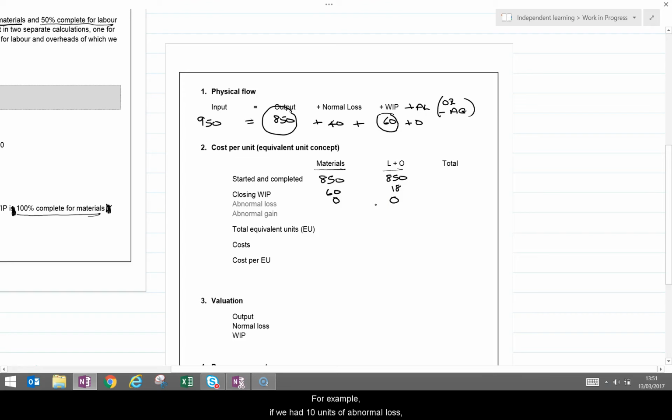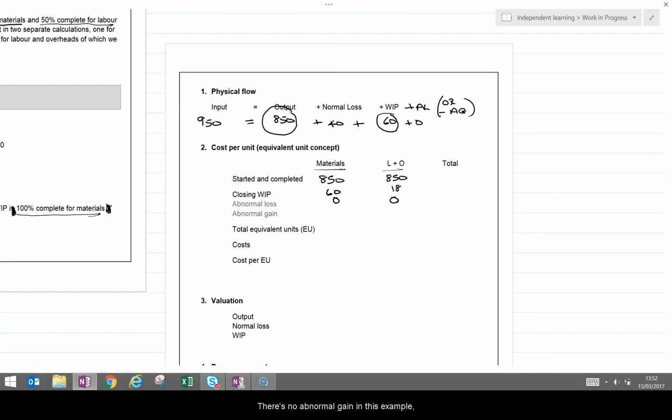So for example, if we had 10 units of abnormal loss, they are completely lost. So 100% loss for material, so we'd put 10 under the material column, 100% loss for labour, so we'd also put 10 under the labour and overheads column. So your abnormal loss, if there is one, you put the same figure under both material and labour and overheads.